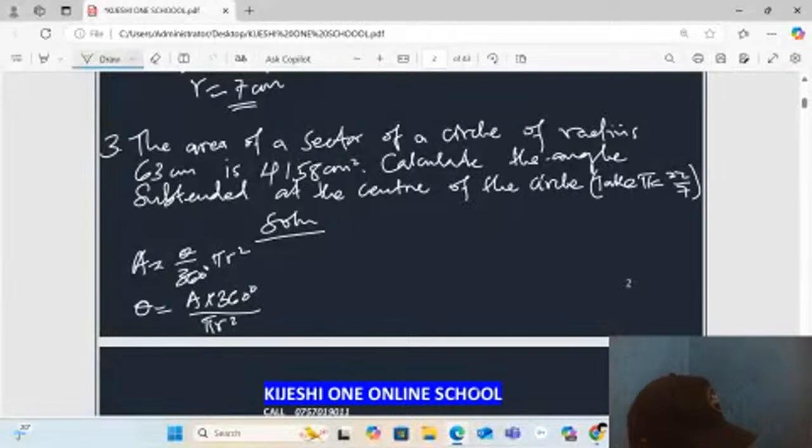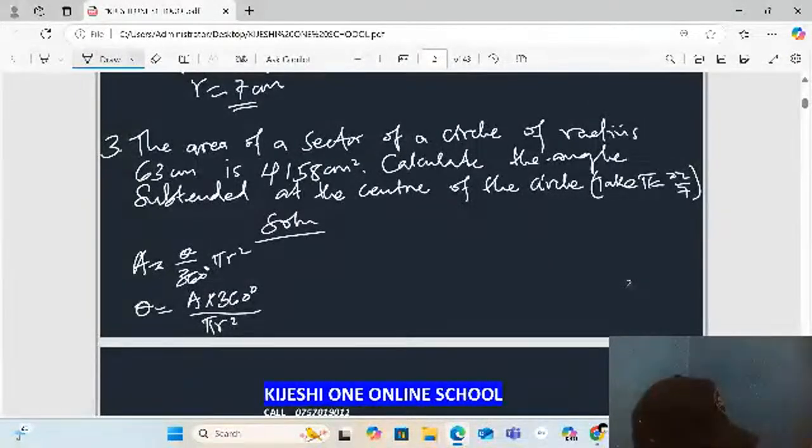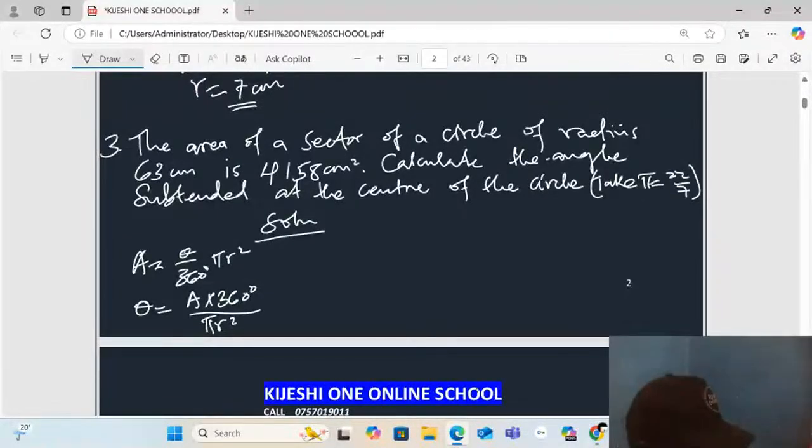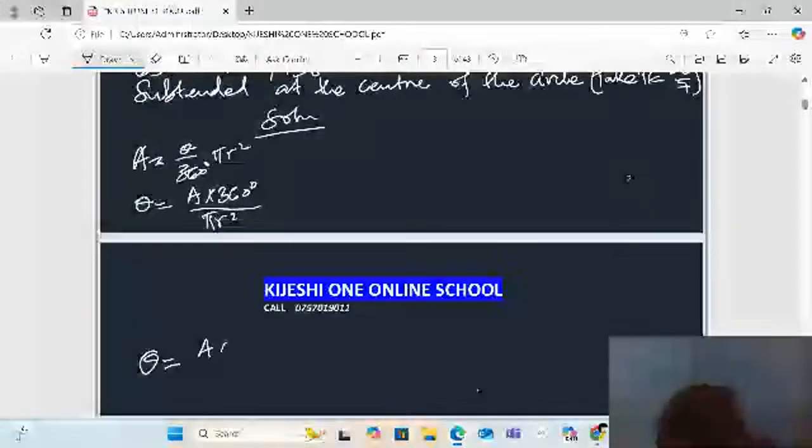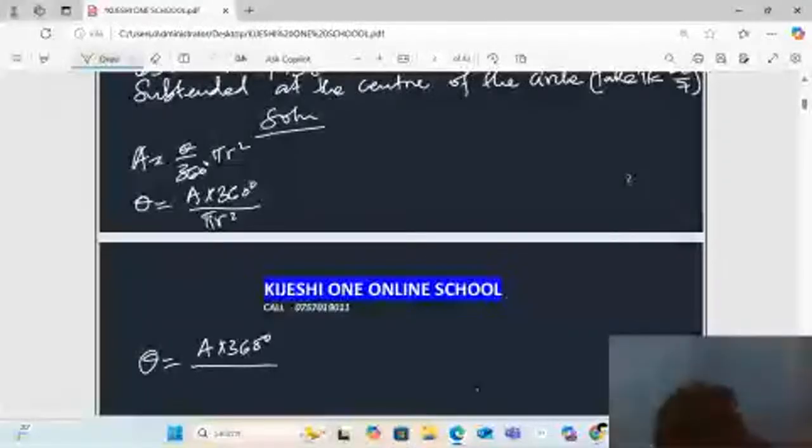So that is how we're going to find our theta. The area we multiply by 360 and then we divide by pi r squared. When you substitute, you're going to get theta equals area times 360 degrees divided by pi r squared.